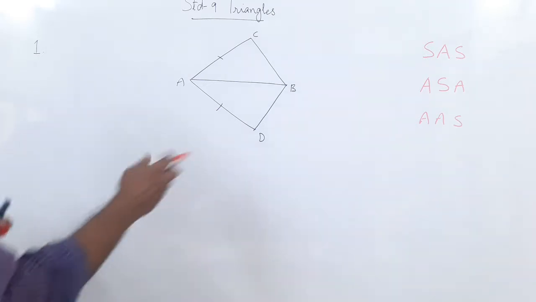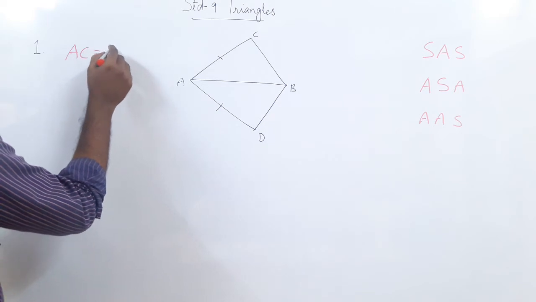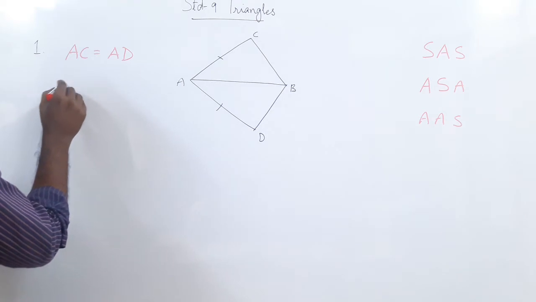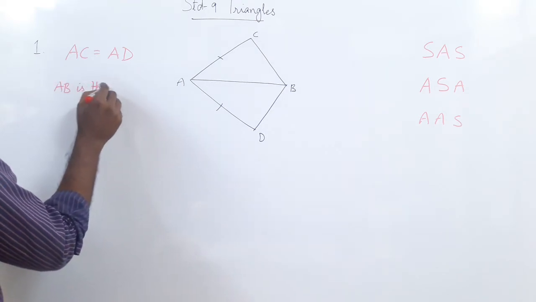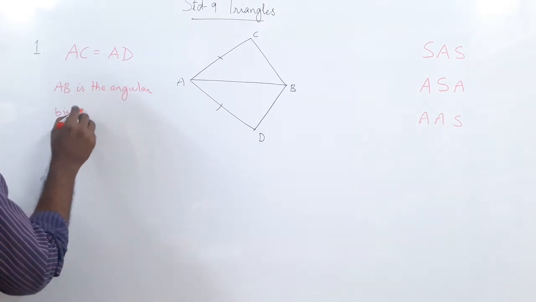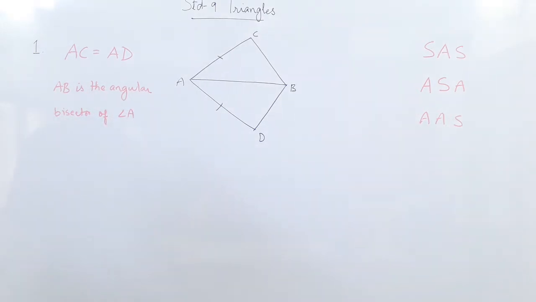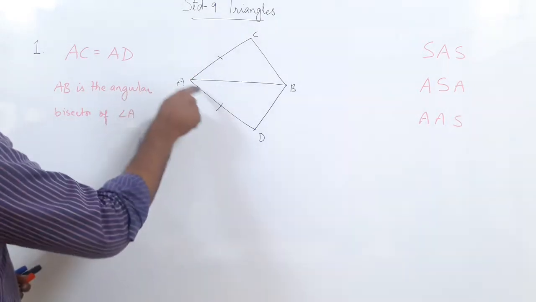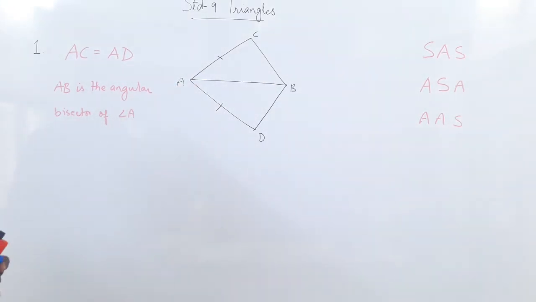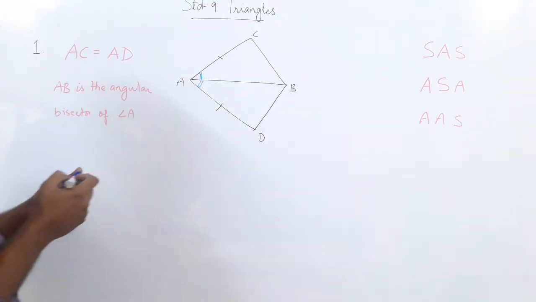It is given to us that in the quadrilateral AC equal to AD, and also AB is the angular bisector of angle A. Now what is the meaning of the word angular bisector? This angle A is cut into two equal parts by AB. Angular bisector means cutting into two equal parts.